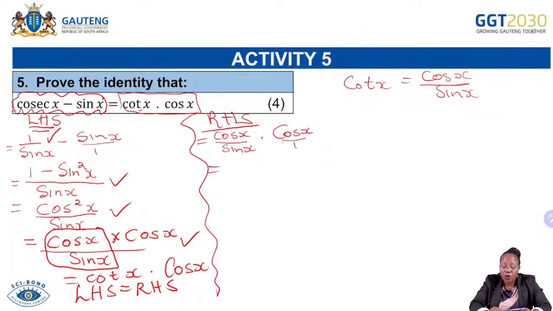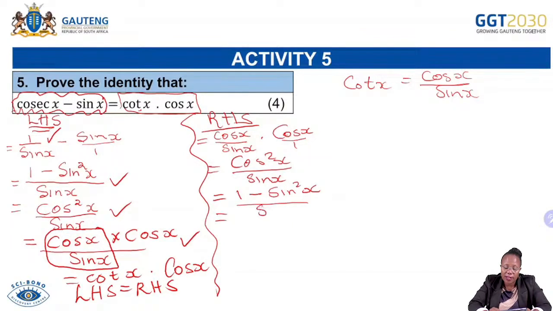And then cos times cos will be cos squared x over the sine of x. And then the cos squared x back to its identity 1 minus sine squared x, over sine x here.